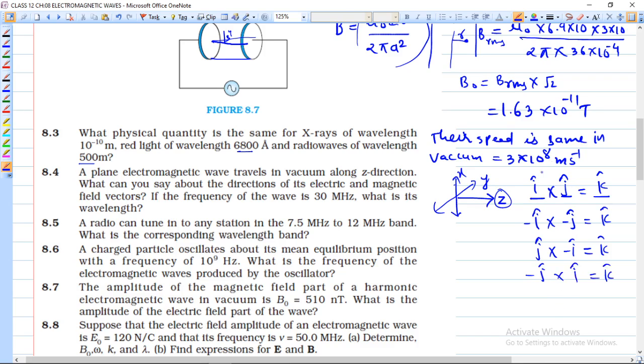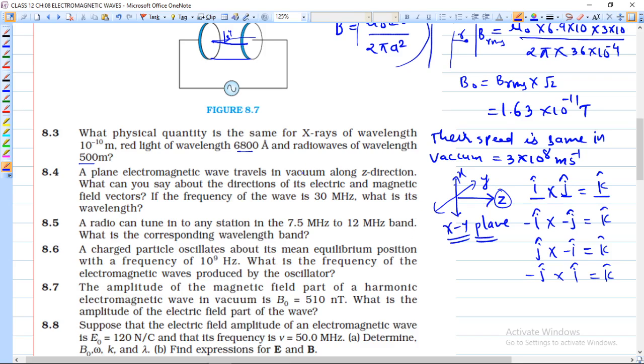So you can say that electric field may be in the plus x axis, minus x axis, plus y axis, minus y axis, and correspondingly magnetic field will be in the plus y, minus y, minus x, plus x. So you can say that generally electric field and magnetic field will be in the xy plane.